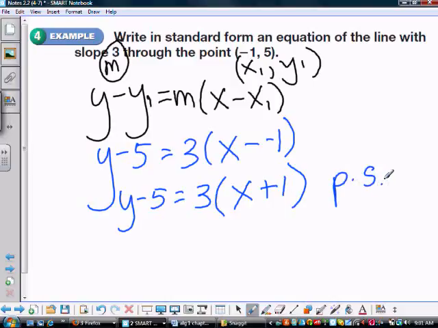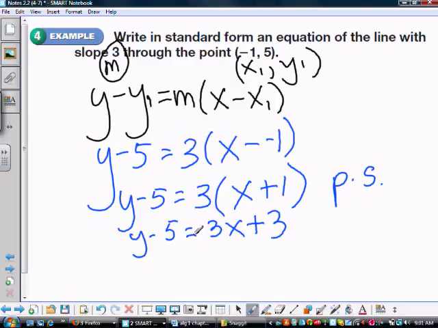But if I want to change this to standard form, I need all my x's and y's on the left-hand side and the constant on the right-hand side. So here we go. We'll just distribute that 3. So I get y minus 5 equals 3x plus 3.